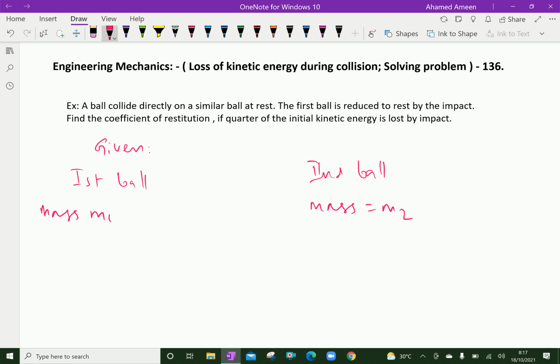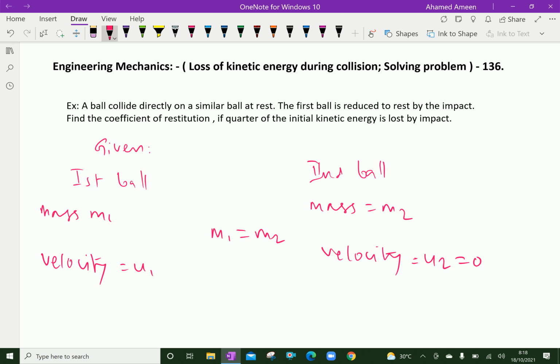Here both balls are similar, therefore mass m1 equals m2. u1 is the velocity of the first ball before impact. u2 is the velocity of the second ball before impact, that is u2 equals 0.